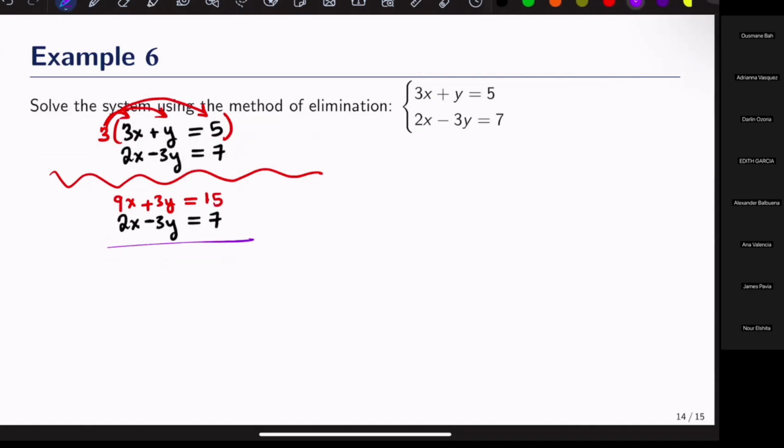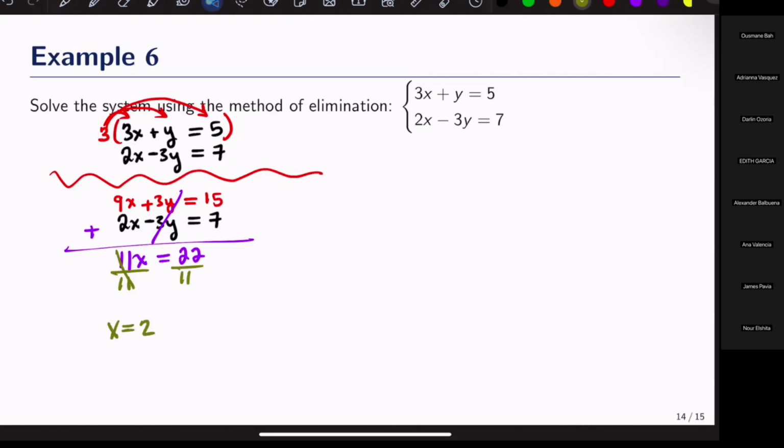The plus 3y and the minus 3y are eliminated. That's why we call it elimination method. Then we get 9x plus 2x gives you your 11x. And then the 15 plus 7 gives you 22. These are some nice clean numbers. Divide both sides by 11, and then you simply get x is equal to 2.